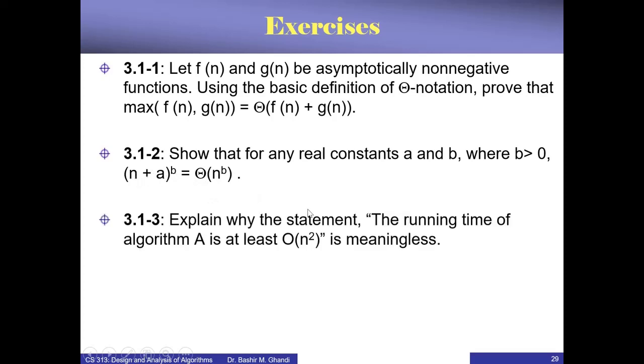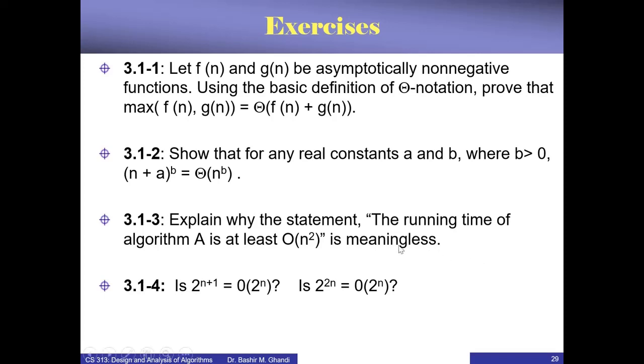Explain why the statement "the running time of algorithm A is at least big O of n squared" is meaningless. This statement doesn't make sense at all. Okay, explain why.